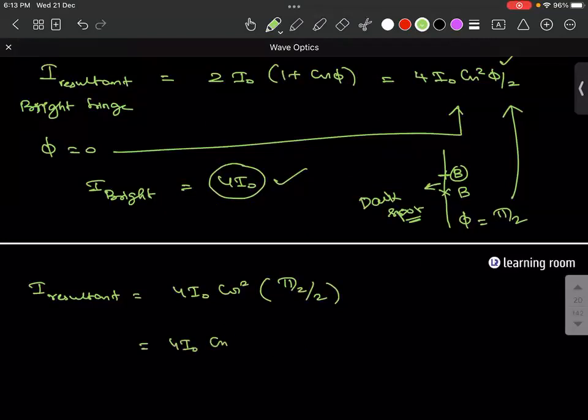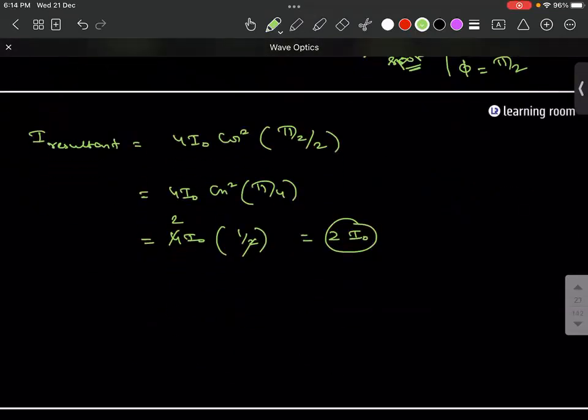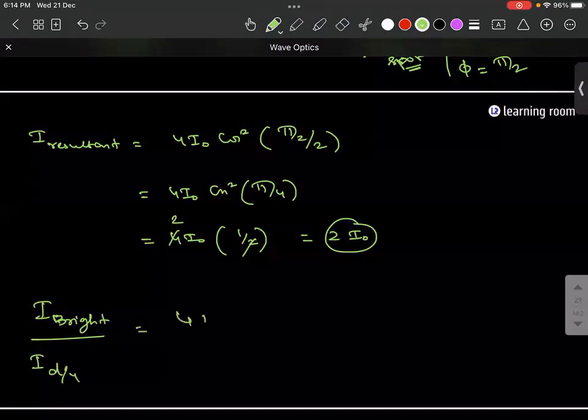So it is 4 I naught into cos square of pi by 4. Cos square pi by 4 is 1 by 2, so this will cancel this twice. So it will be 2 times I naught. So I bright divided by I at d by 4 will be equal to 4 I naught divided by 2 I naught, which will be 2.